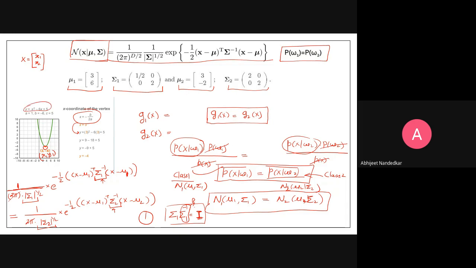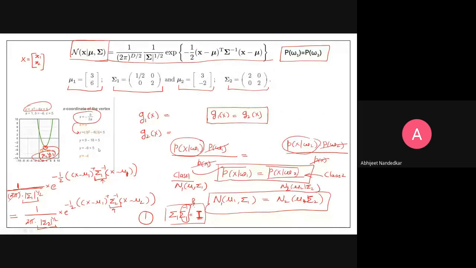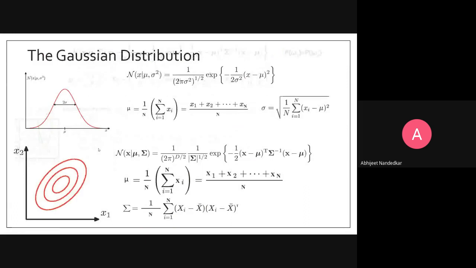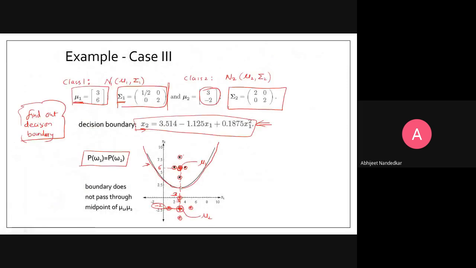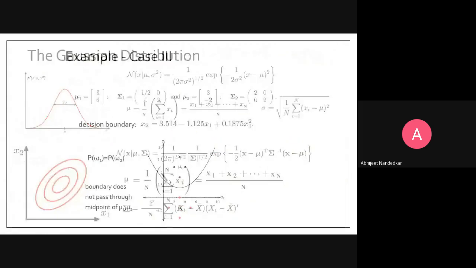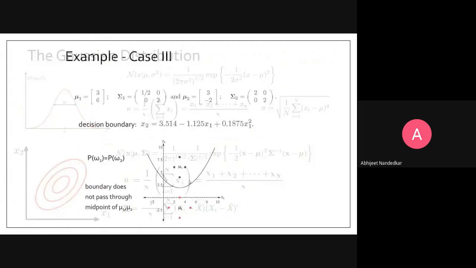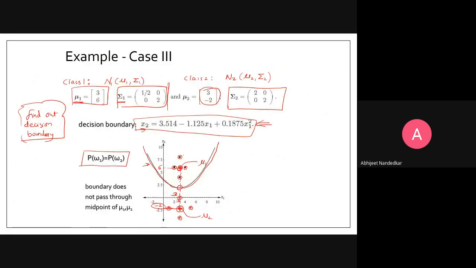You will get these two values, and that will be the vertex of your parabola. So you should get this particular point here. This is your data for that vertex.